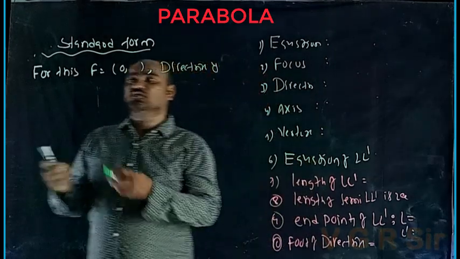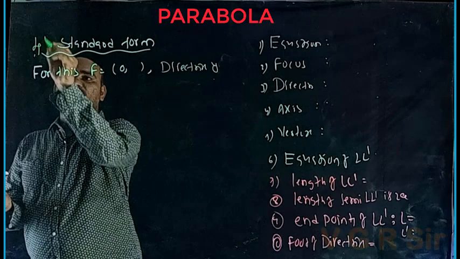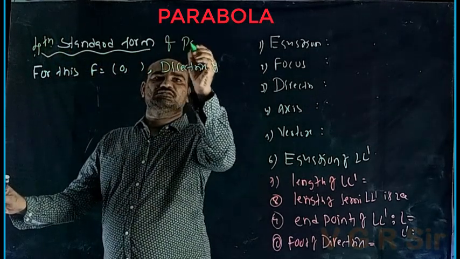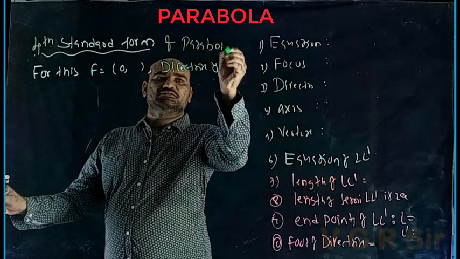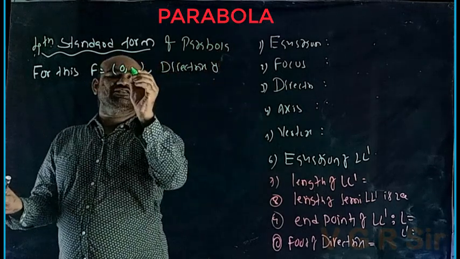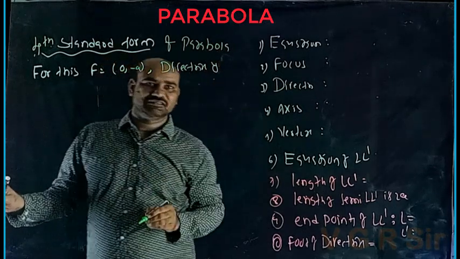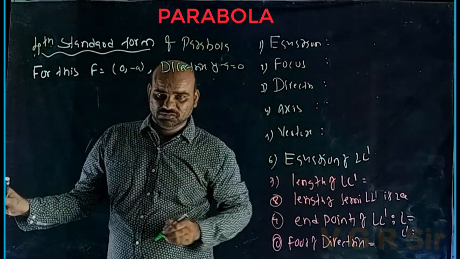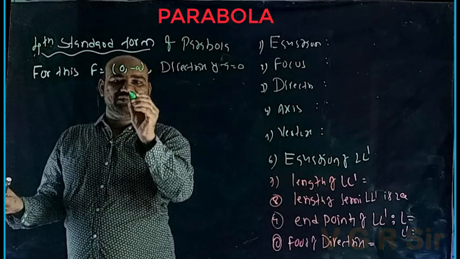Okay students, fourth standard form of parabola. Focus is 0 comma minus a. Directrix is y minus a equal to 0. First of all, I want to write its rough sketch.